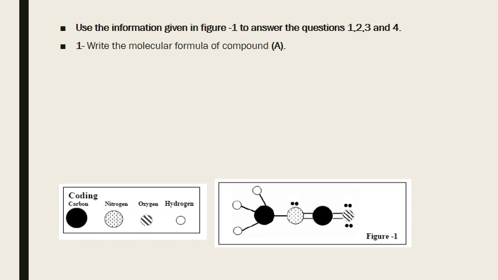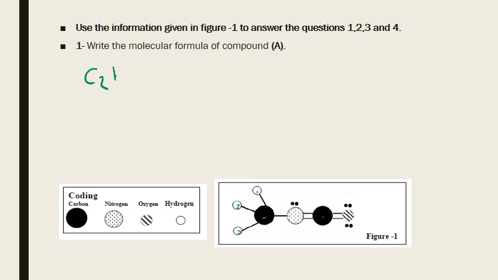Write the molecular formula of A. So we look at carbon, it's the black colour. We've got 2 carbons, so we write C2. Then we look at hydrogen, the white balls, and we've got 3 hydrogens. This is the first one, this is the second one, and this is the third one.